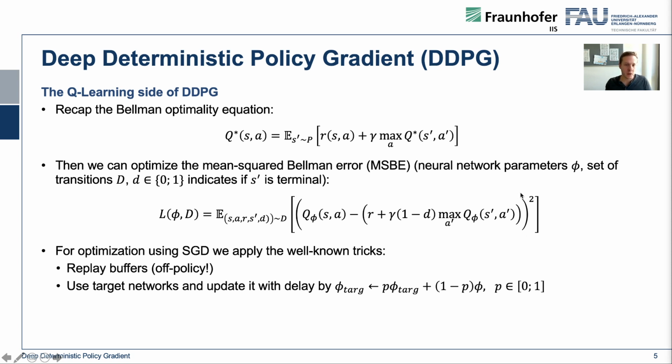And this is what we can also do in DDPG. We use this optimization target, and we can also apply things like replay buffers to make it work off-policy, and use target networks that in this case are not hard reset and copied, but updated with a Polyak update, meaning that we copy a portion of the old parameters over the new parameters every once in a while.